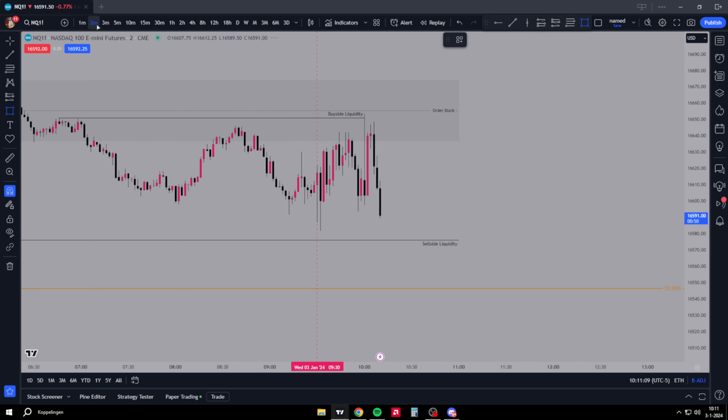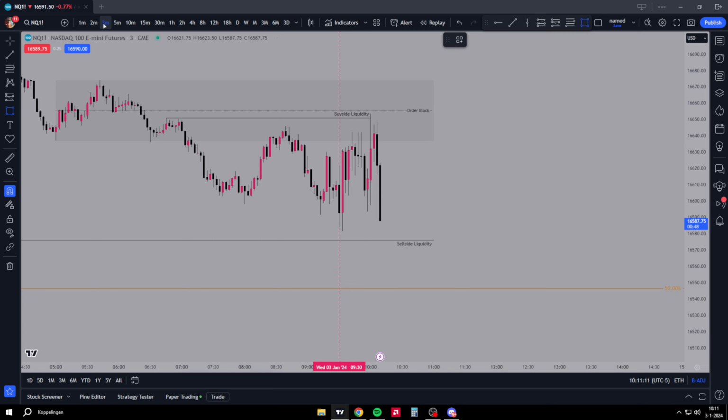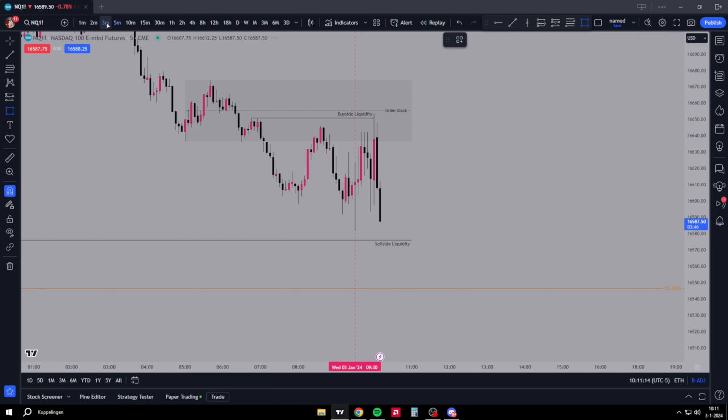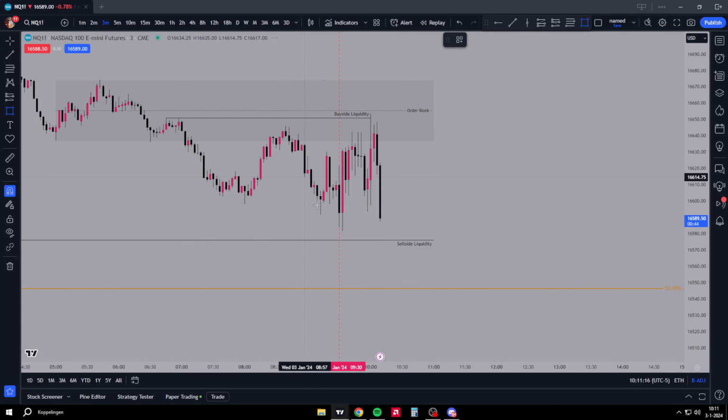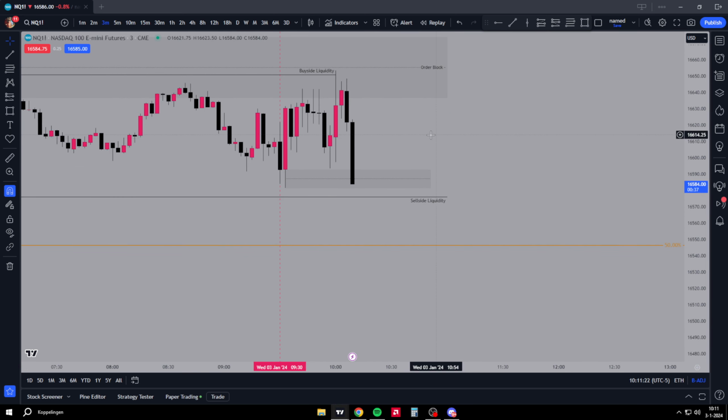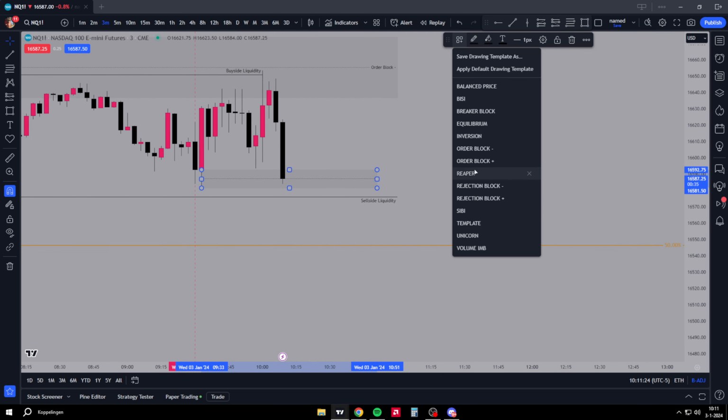If we do close below the rejection block, mean threshold, constant encroachment, then I would anticipate us here.